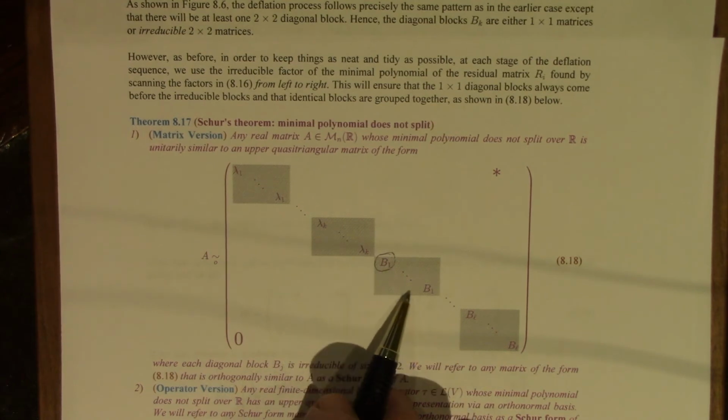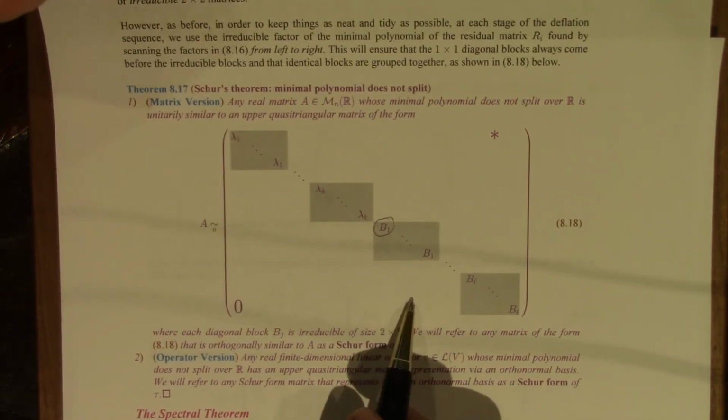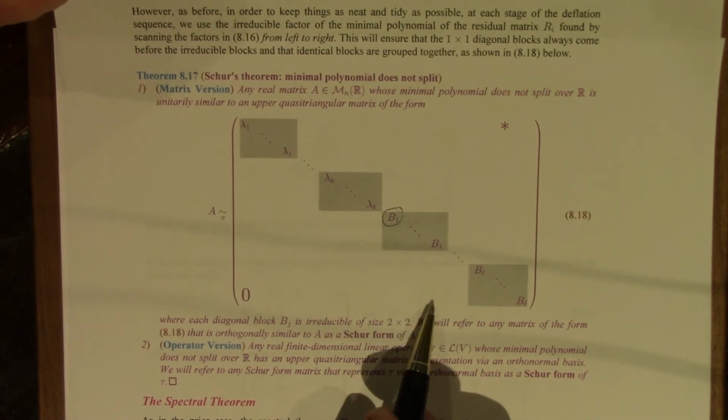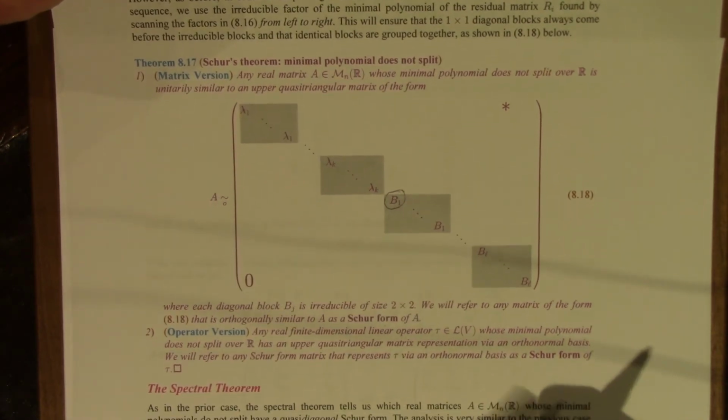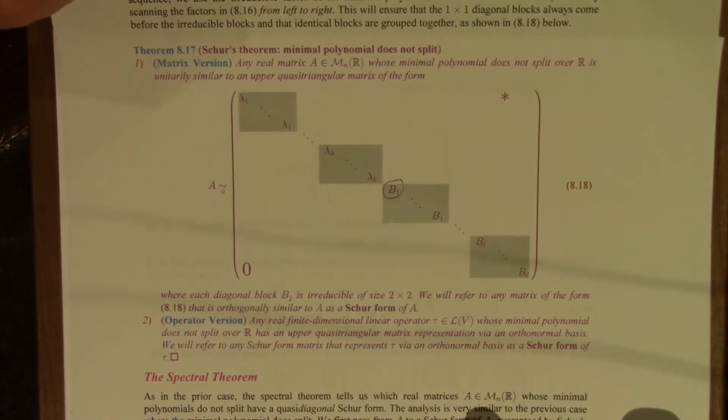Whether there are any more B1s depends on the situation. Whether there are any other 2 by 2s also depends on the minimal polynomial. This we will again refer to as a Schur form of A, or anything orthogonally similar to A as a Schur form.